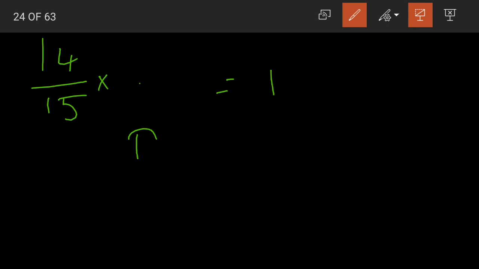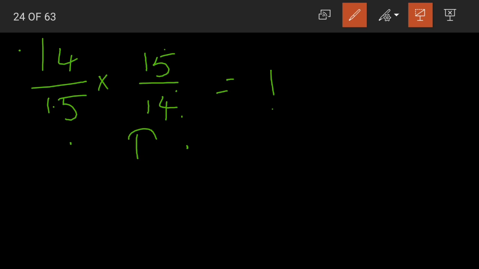And we've learned that the multiplicative inverse of a fraction is its reciprocal. Now what is the reciprocal of 14 by 15? The reciprocal of 14 by 15 is 15 by 14. So the multiplicative inverse of 14 by 15 becomes 15 by 14.